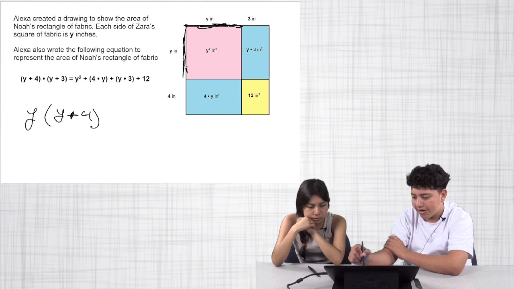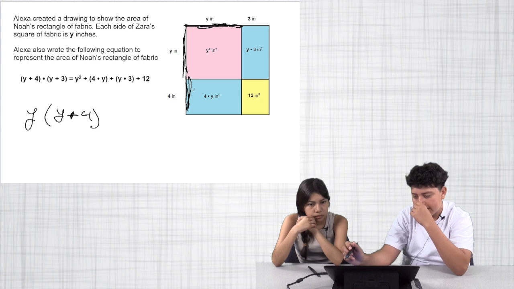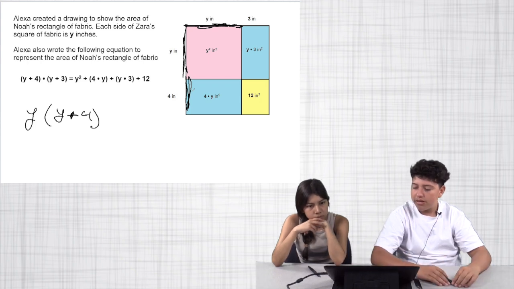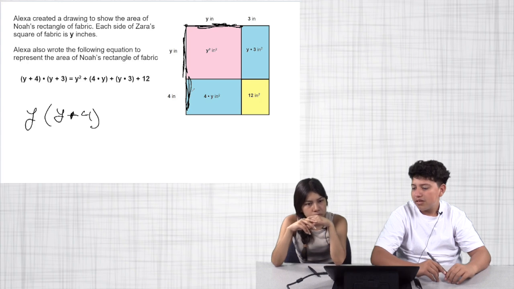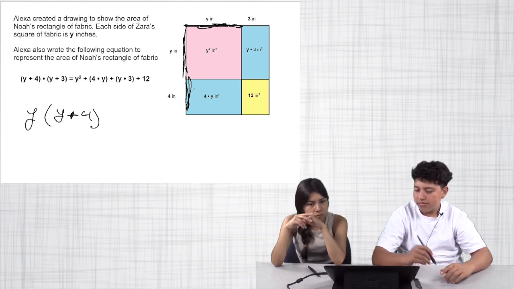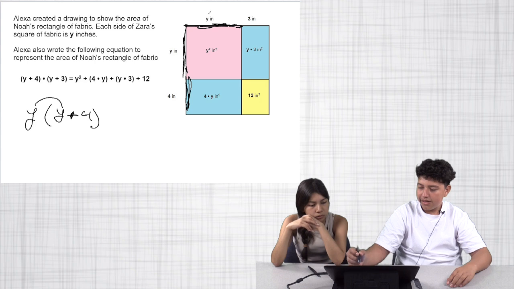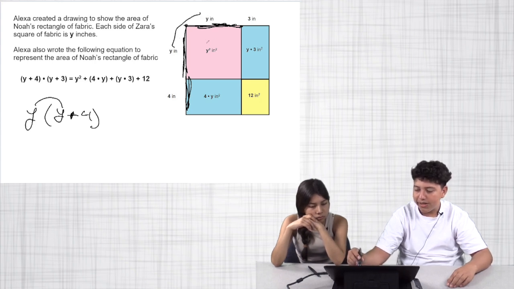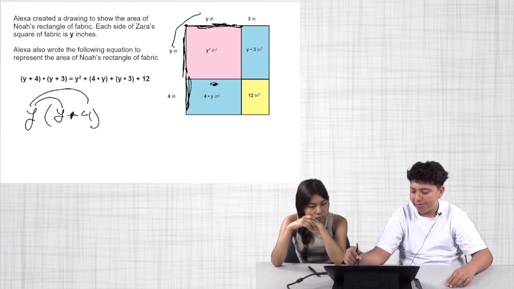The y right here. So does it make sense that it would give you those two areas, the pink and the blue? Yeah. Can you go ahead and do the distributing? Like that, and that'll give this part, the one in pink, and the y times 4 will give us the blue spot.